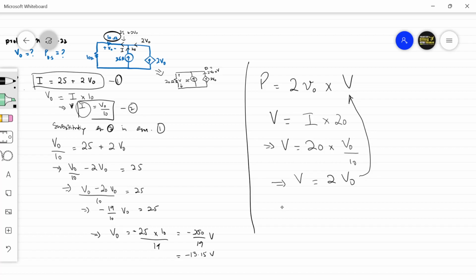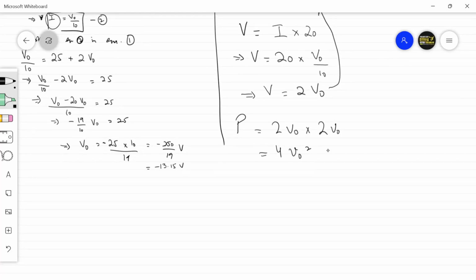So substituting it here, P is equal to 2V naught into 2V naught, that is equal to 4 V naught square, where V naught is minus 13.15, squared.